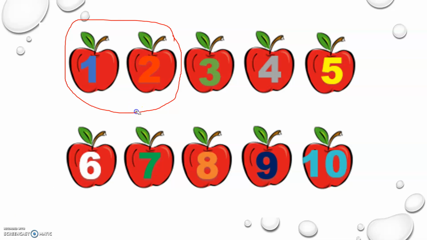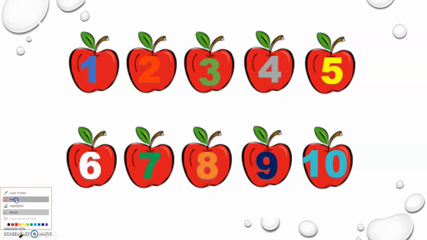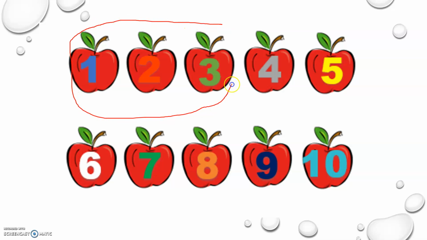Now let's try to draw a circle around 3 apples. Count with me. 1, 2, 3. Very good. Excellent. 1, 2, 3 apples. Can we draw a circle around 4 apples?